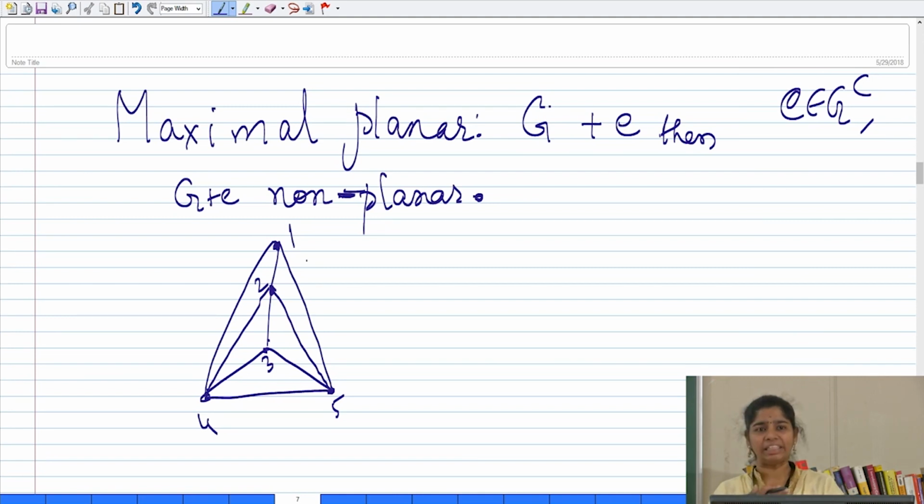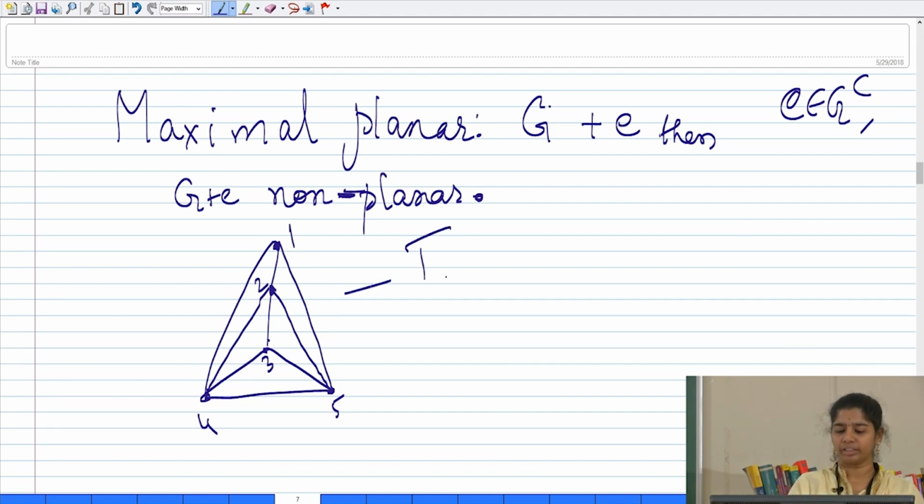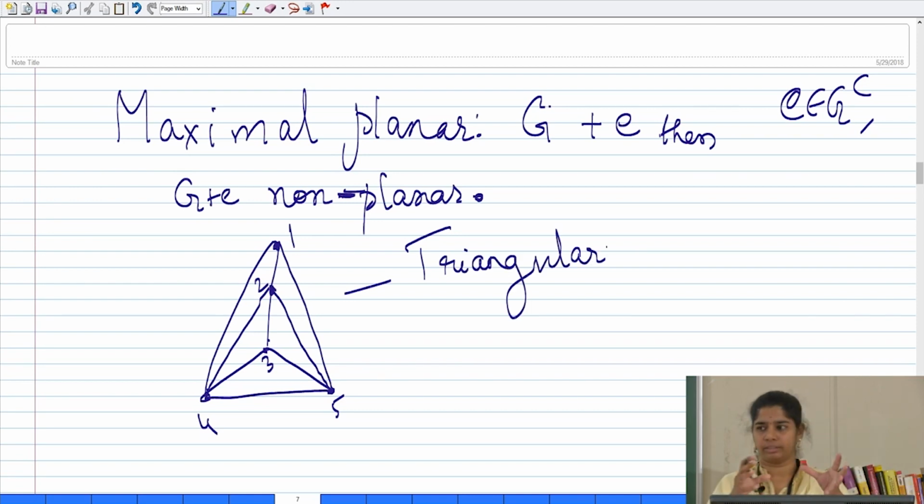If there is any cycle of length greater than or equal to 4, we can immediately add a chord to it, right. As long as we can see larger cycles, you keep adding edges to it so that it still retains planarity. So the maximal planar graph is nothing but this process, which is actually called triangulation of a graph, where you kill all higher order cycles so that it maintains its planarity.